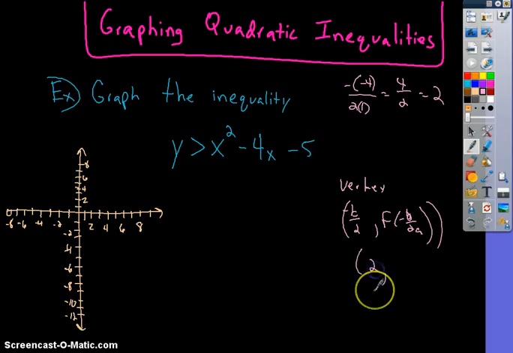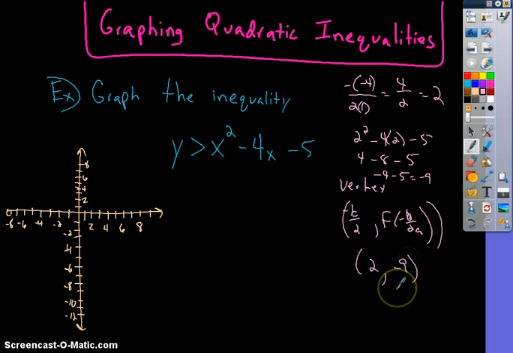So now that part's 2. And the output should be 2 squared, subtract 4 times 2, subtract 5. So 4, subtract 8, subtract 5. Negative 4, subtract 5 is negative 9. So the y value is negative 9. So I know the vertex is at the point positive 2, negative 9. So it's about here.